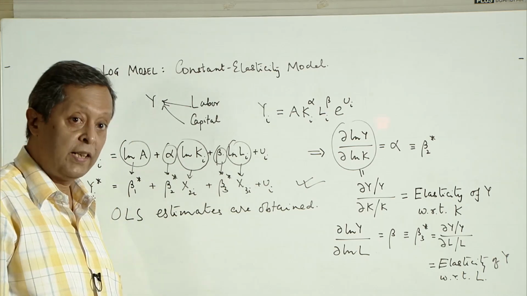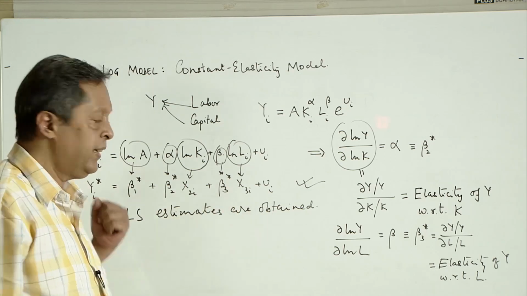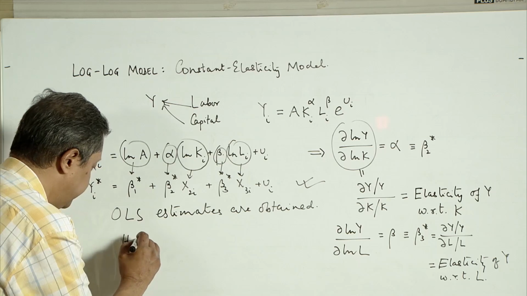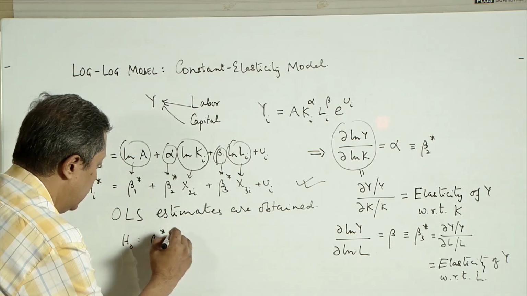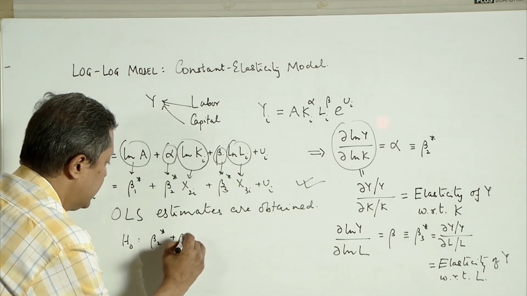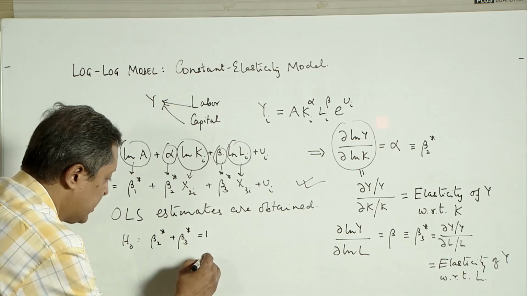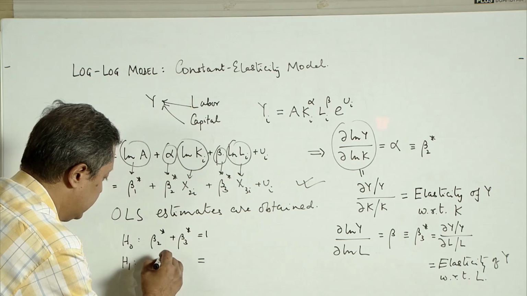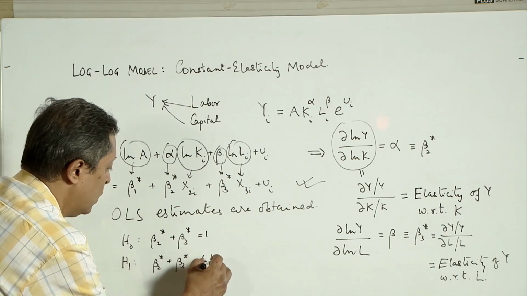Just to refresh what we have studied, once we have estimated this model, we can test H naught whether beta 2 star plus beta 3 star is equal to 1 against H1 beta 2 star plus beta 3 star not equal to 1.